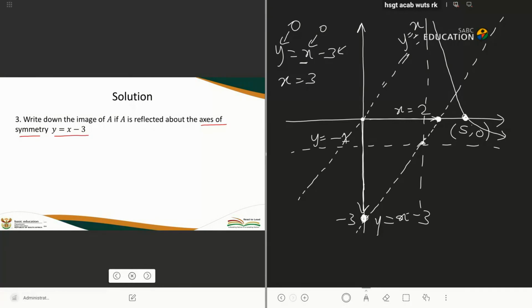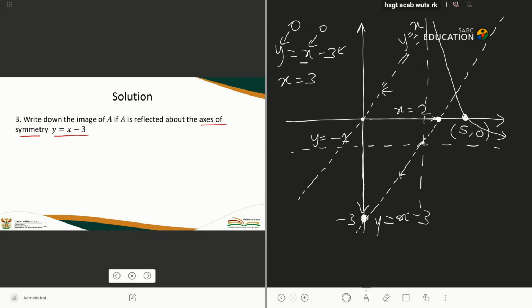So this line, you can get it by translating that line. So I'm going to make use of this point to reflect, and then do a translation on the point to get the point that you will get by reflecting about this line.